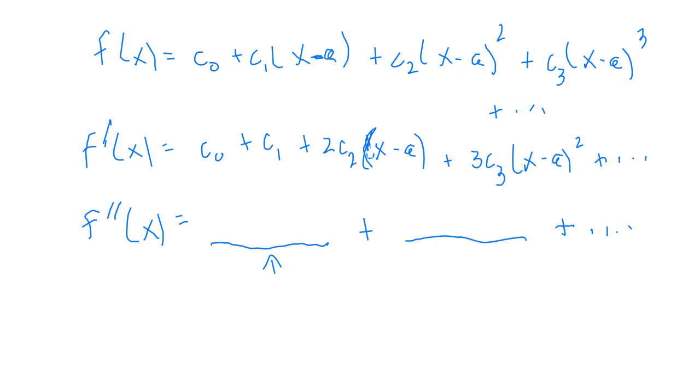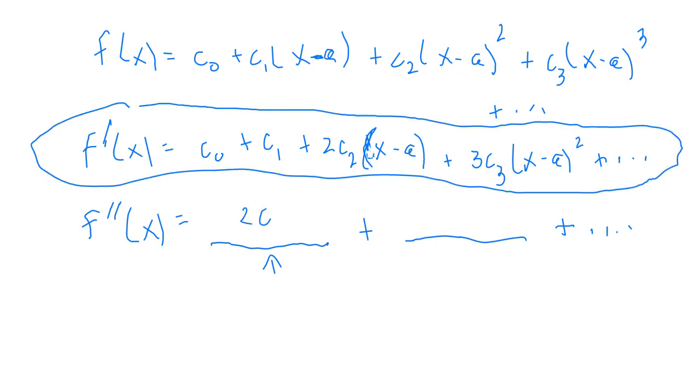2c2 is right in the first spot. What's going to go in the second spot? 6c3, that's right. Or we could write that as 2 times 3 times c3 times x minus a. So if I wanted to figure out what c2 is, I could put in x equals a in the second derivative.